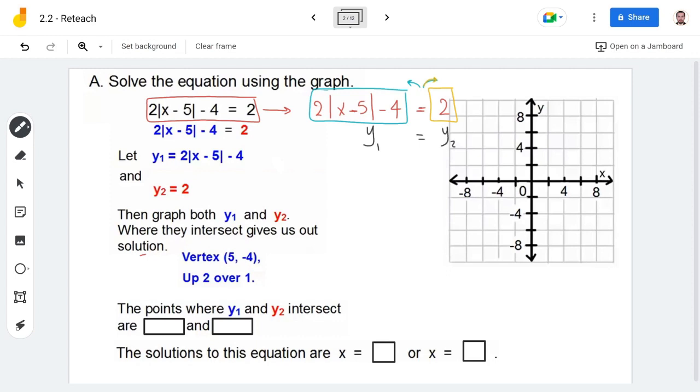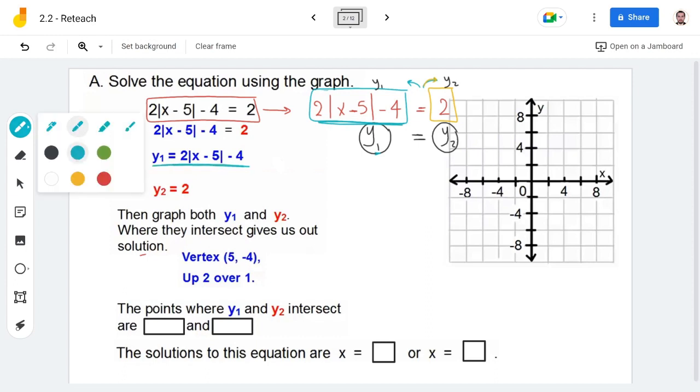So if this function is y1 and this function is y2, then I can say that y1 is equal to y2, regarding the equation that's been given. Using this information, y1 is equal to all of this equation, so let me write it here. And y2, as I identified it here, is equal to 2.